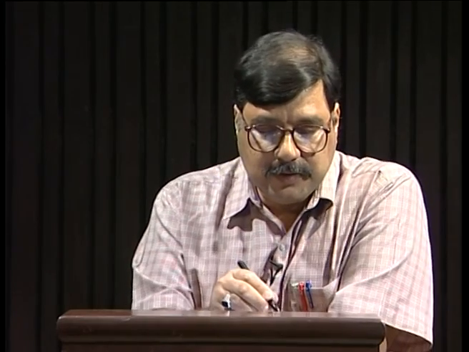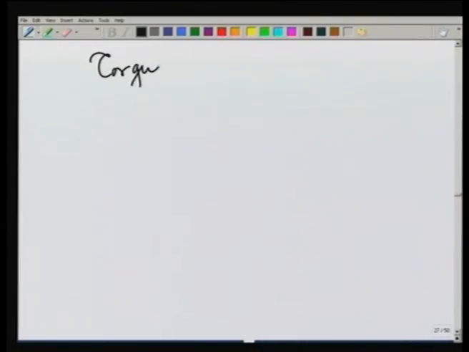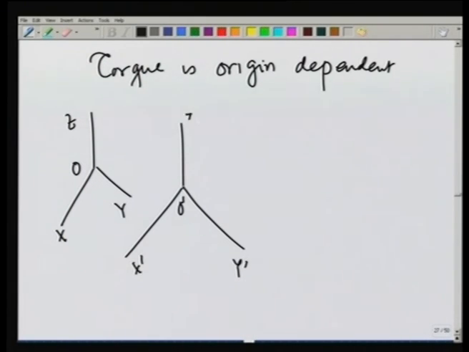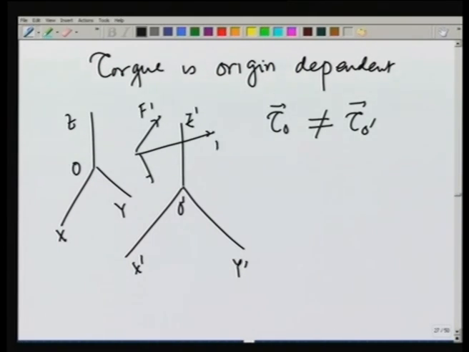In general, since the torque is origin dependent, therefore, if I take two particular frames O and O prime, x, y, z, x prime, y prime, z prime, tau O is not going to be equal to tau O prime for a given set of forces F1, F2, F3, F4, F5 and so on.